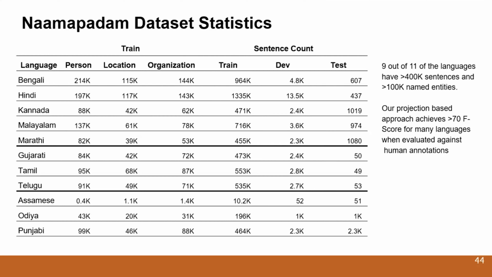One question that arises is how good the data is. For this, we did an evaluation on the small test set comprising 50 sentences, which were manually annotated. When we compared the gold label and the label obtained from the projection method, we observed that the F-score was greater than 70 for many languages.